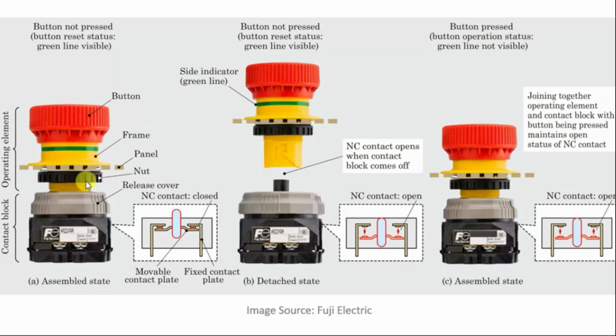That means the switch contacts need to be cleaned, inspected or changed for faulty reasons. So this is shown as a detached position wherein the contact block is removed separately and the operating element block is removed separately. Here we are clearly seeing the visible green line indicator. The button is not pressed in this case.